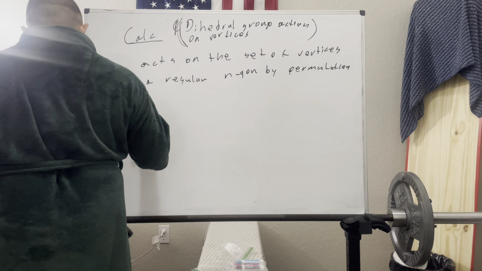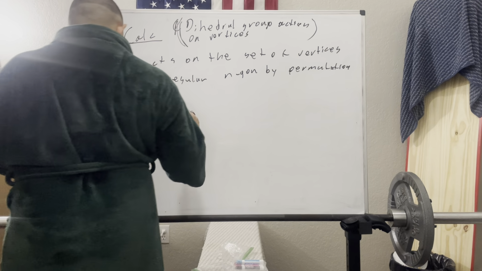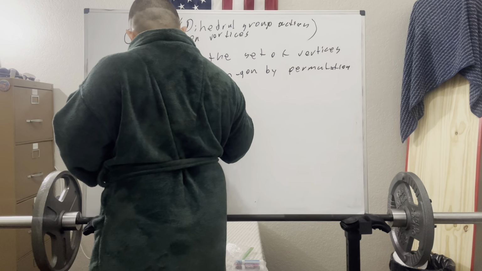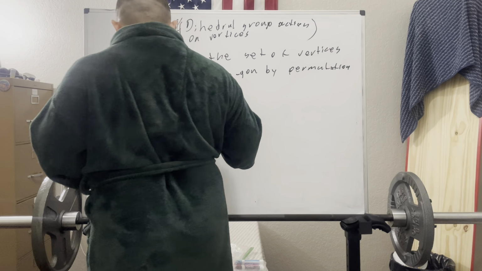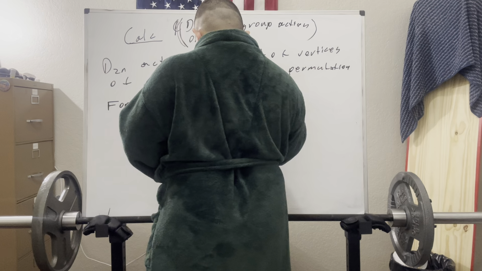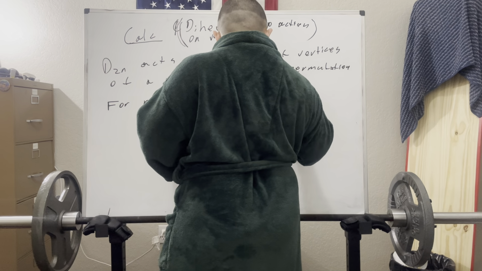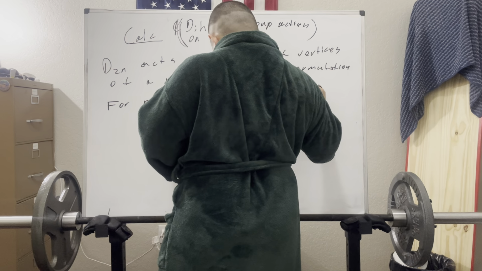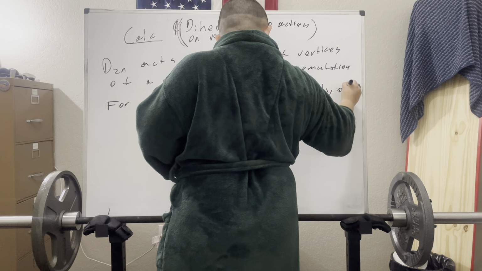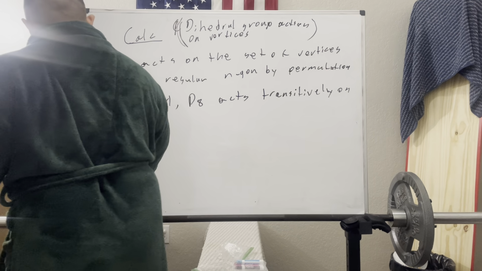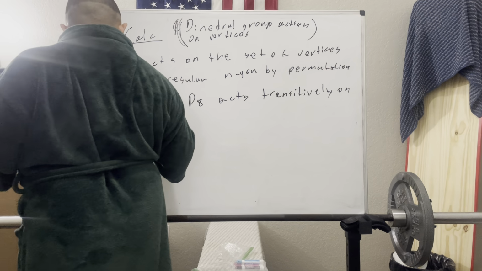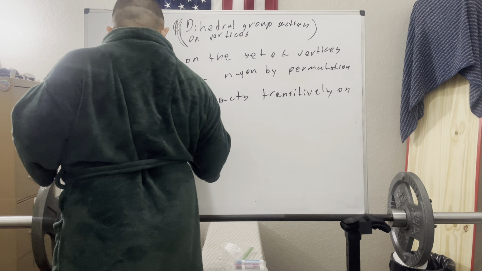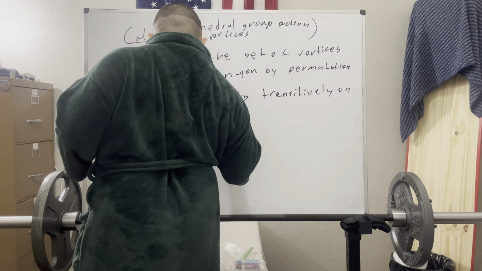For n equal to 4, D sub 8 acts transitively on the set containing 1, 2, 3, 4.